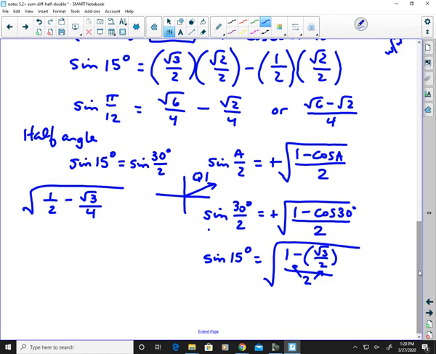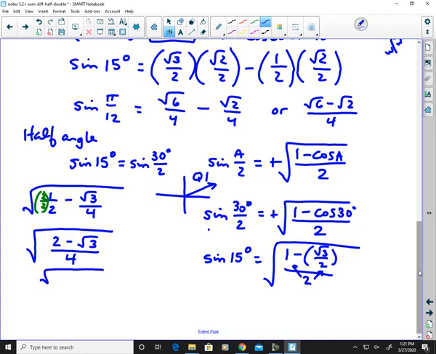Now I'd like to try to get my fractions to be one fraction, keeping my square root very big, and I need to have a common denominator, so I'm going to use 2 and 2 on this one. I don't need to modify the other one because of the 4 already being there. And now I will take the square root of each piece.